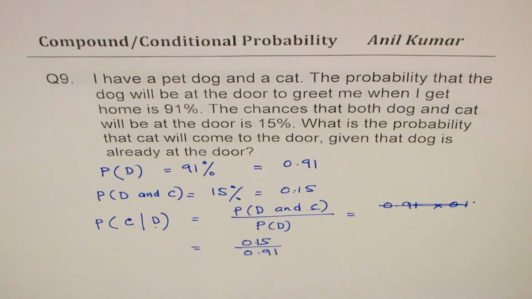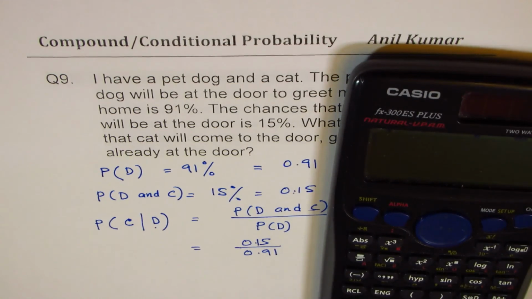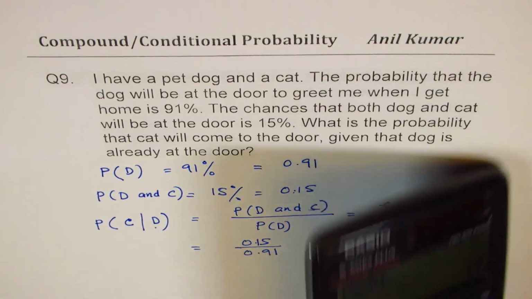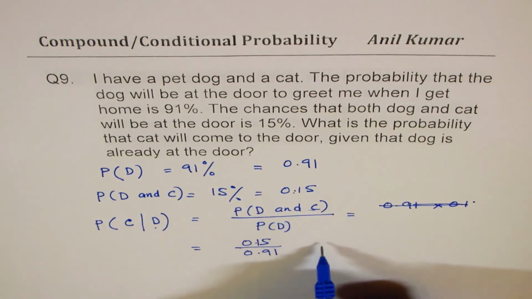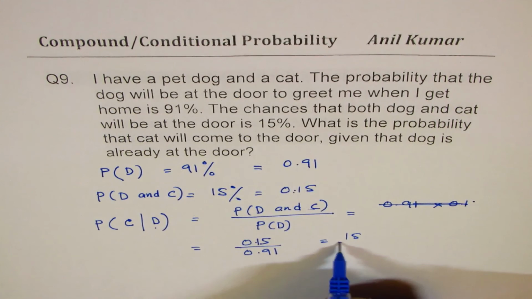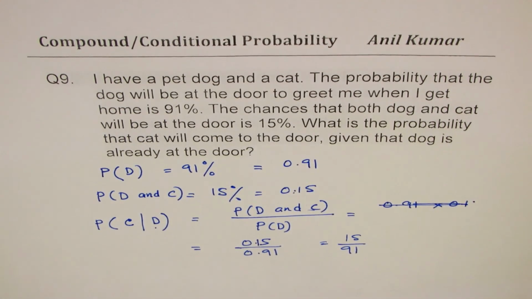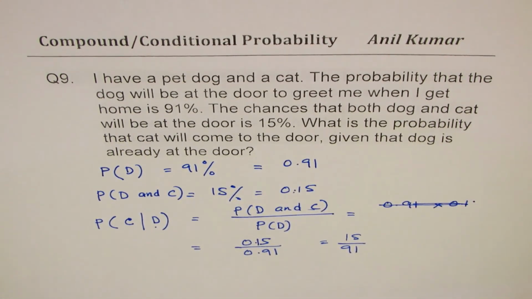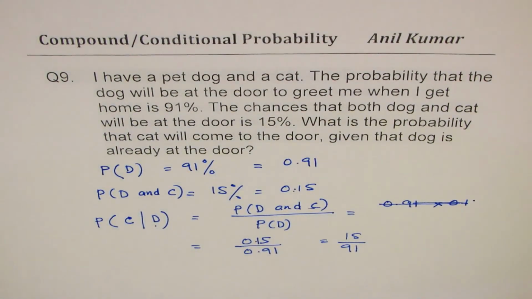So we have 15 divided by 91, which is 15 over 91 as our answer. I hope it's absolutely clear. I hope whatever questions we have taken so far, they're absolutely clear.